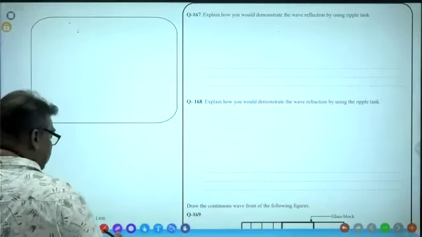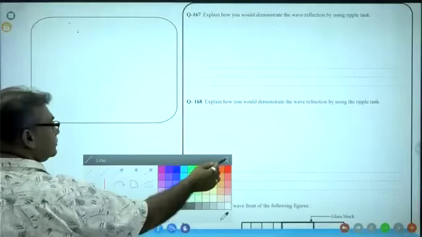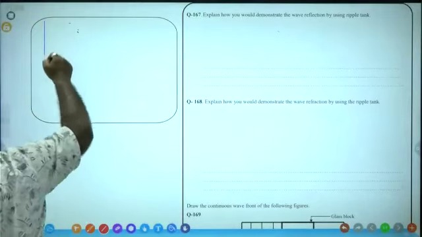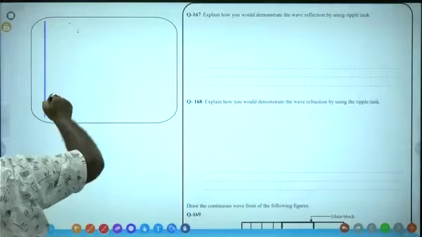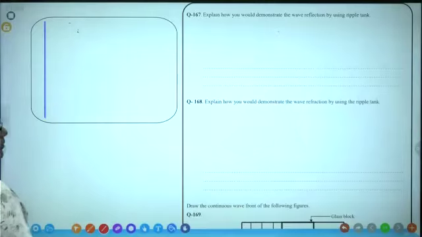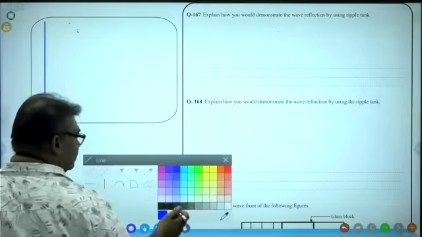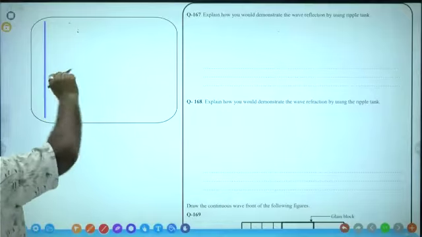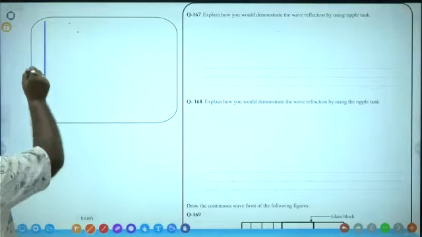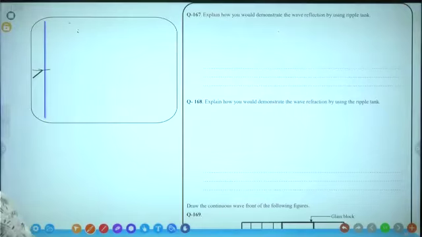This is the rod vibrator. Then it produces wave fronts that are traveling towards the right side, as the formation of wave fronts by the vibrator.